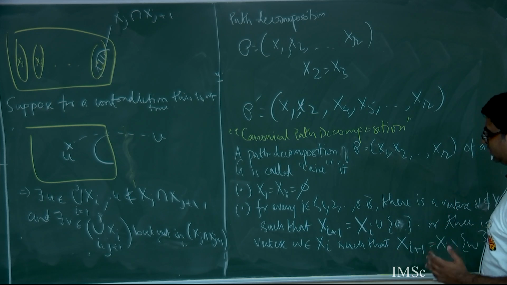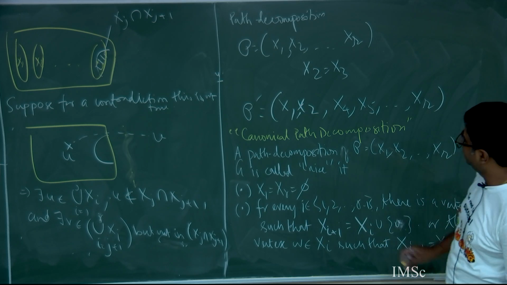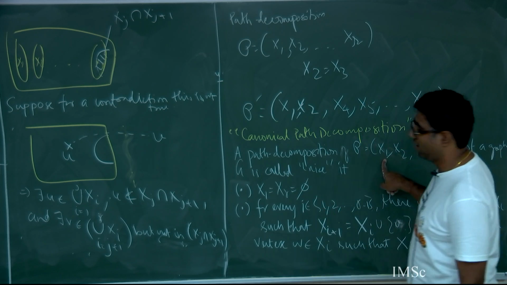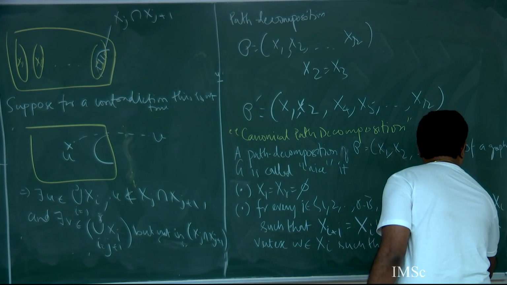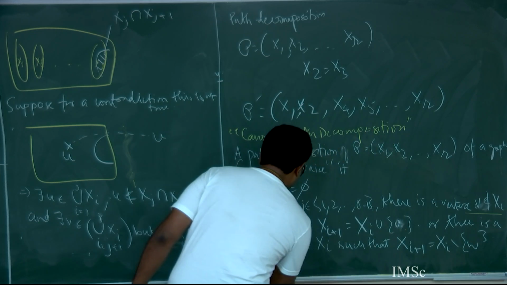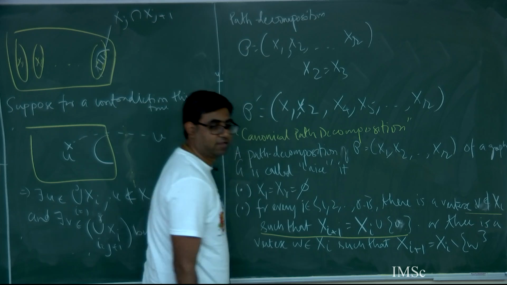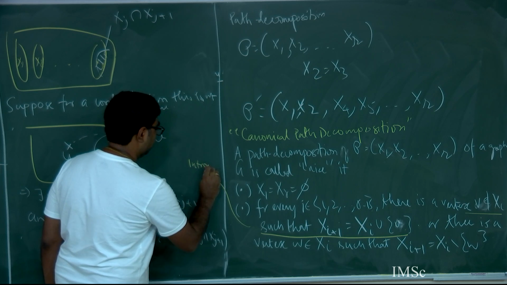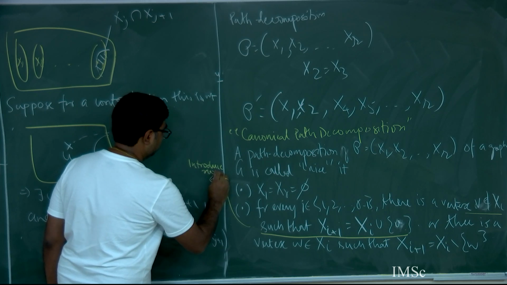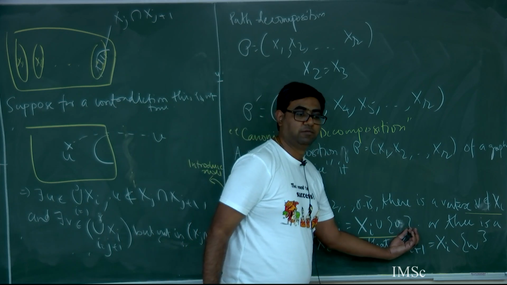So what does it tell us? First of all, the first bag is an empty set, the last bag is an empty set, and in between you are doing the following operation. You take the previous bag and add a new vertex to it which is not present there. There is a vertex v not in Xi such that Xi plus 1 is Xi union v, and this is called an introduce node, because it is introducing a vertex v.